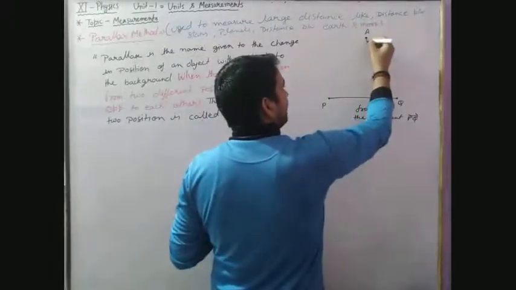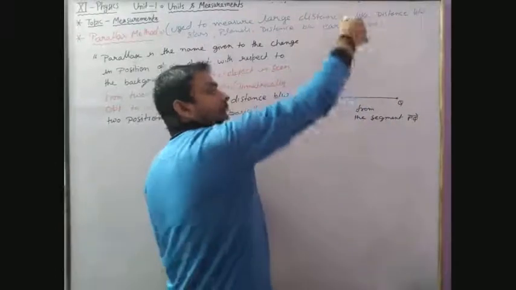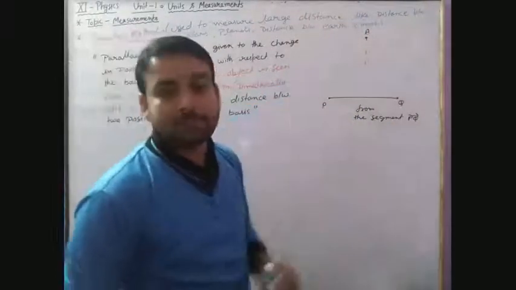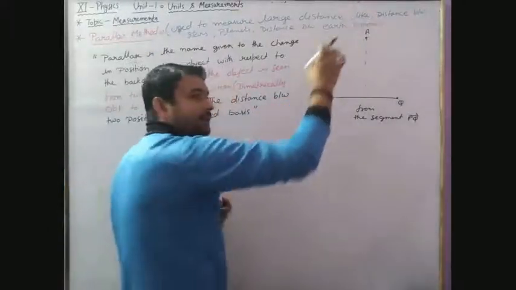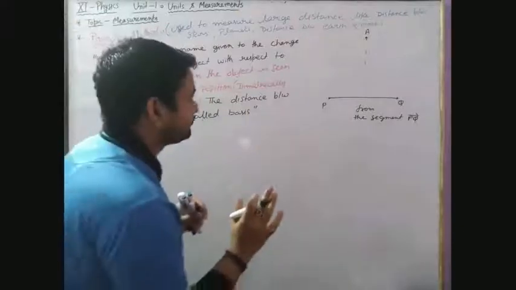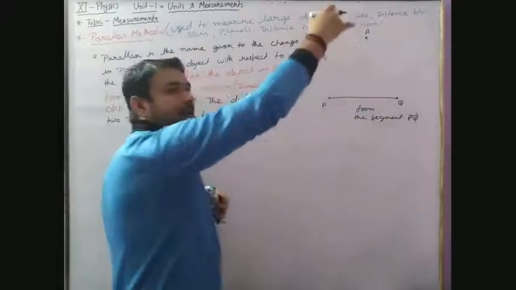We need to measure directly like that. With the help of a meter scale you can measure this, but because it is a heavenly object like a particular star, we are not able to measure it directly.